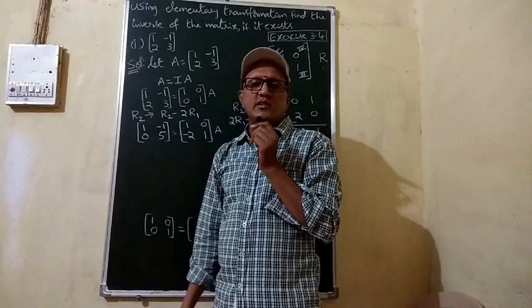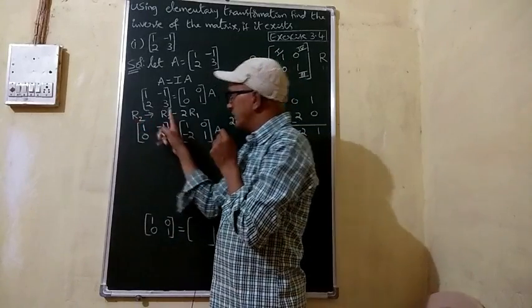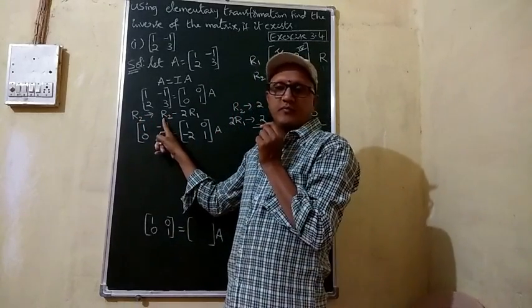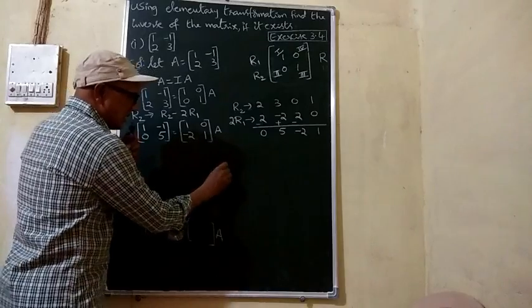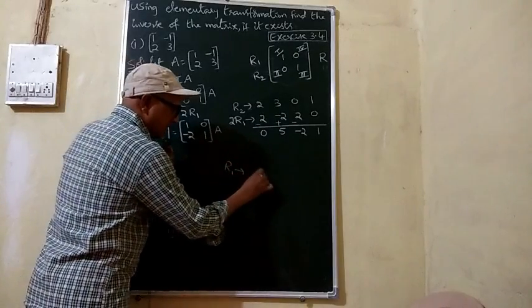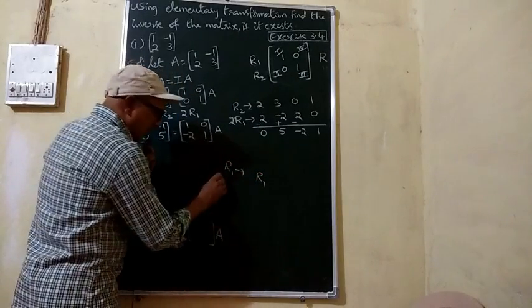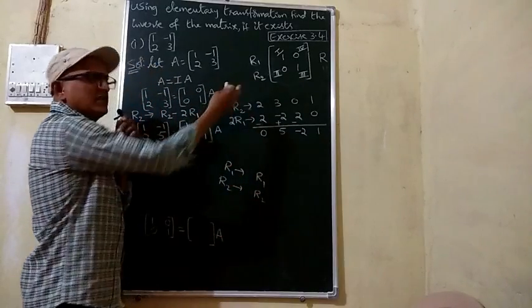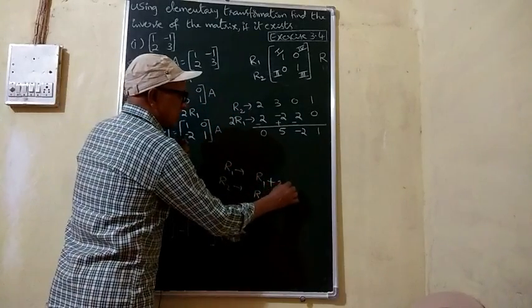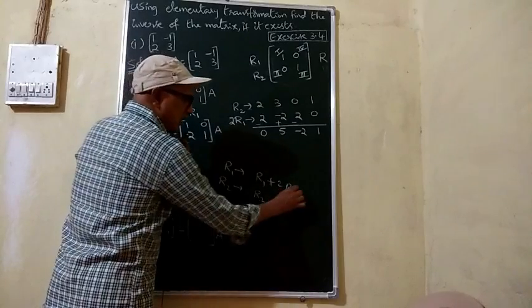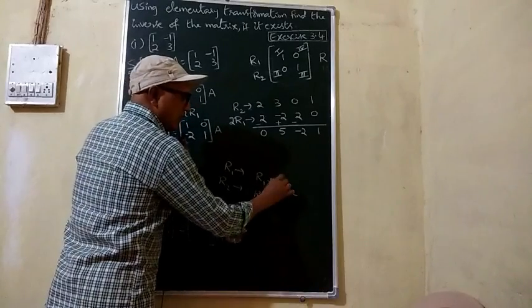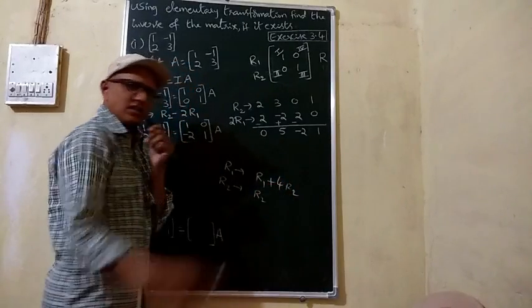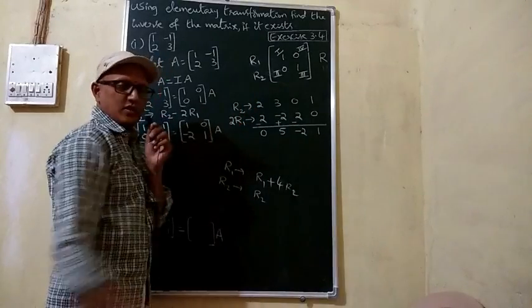If you want to change R2, R2 here also R2. Afterwards, depending on the situation, you may write plus 2R1, plus 2R2, 3R2, 5R2, or 4R2. That is your wish, depending on the situation.